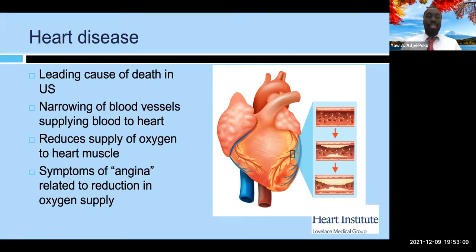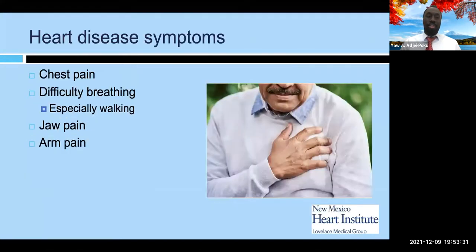This impairs the heart's ability to pump blood to the rest of the body. That narrowing reduces the supply of oxygen to the heart muscle, and it's oftentimes manifested as symptoms of angina, which is something that sometimes you'll hear, which is related to the reduction of oxygen supply in patients.